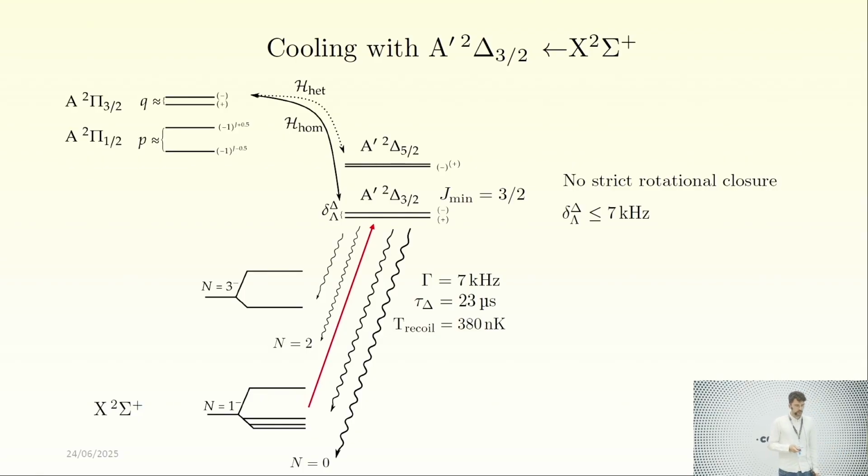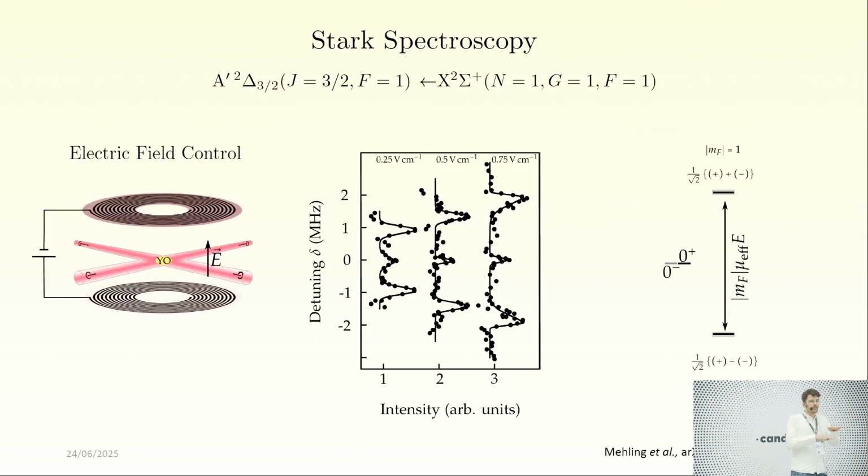And we found a way. When we apply an electric field over our molecules, we can polarize the system accidentally. And we can resolve spectroscopically field-sensitive states and a field-insensitive state in the center of the manifold. The field-sensitive states have a first-order Stark interaction, and they are therefore parity mixed states.